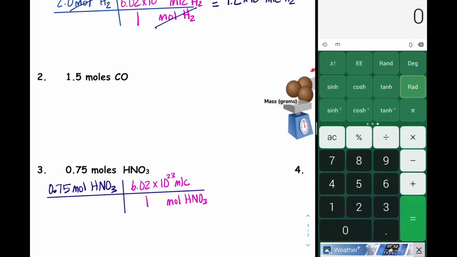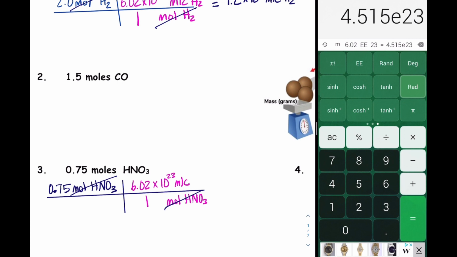Let's go ahead and cancel out the moles of nitric acid, and we're going to, again, multiply the numbers up at the top. So 0.75 times 6.02 EE, which is the exponent, 23. And that equals 4.515 times 10 to the power of 23.